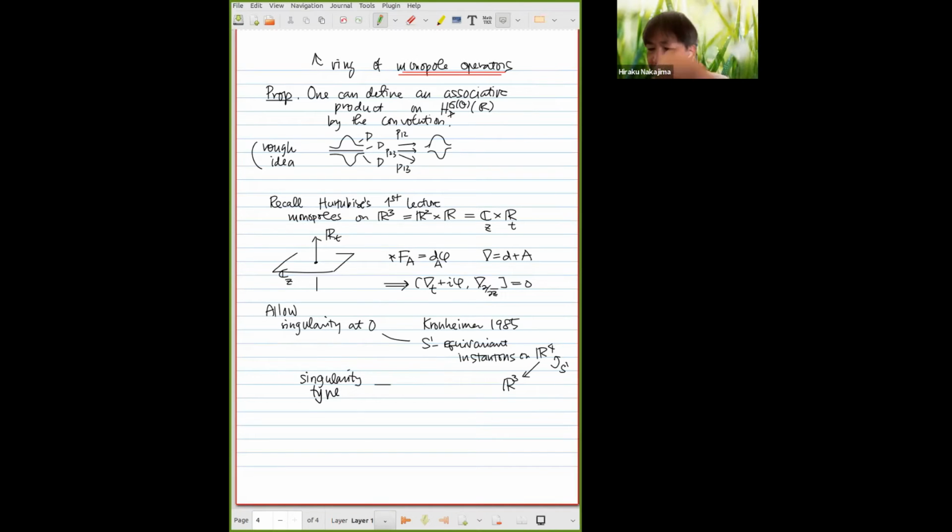It is described by the S1 action on the fiber at 0 of R4, up to conjugacy, up to gauge.